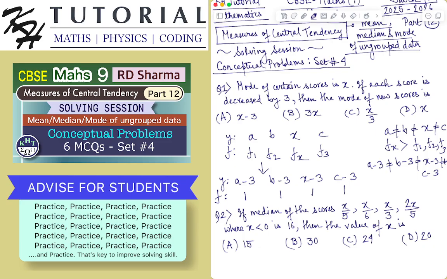But x minus 3. Yes, definitely a minus 3, b minus 3, x minus 3 and c minus 3 will become unique.